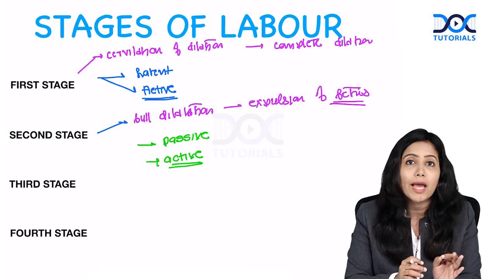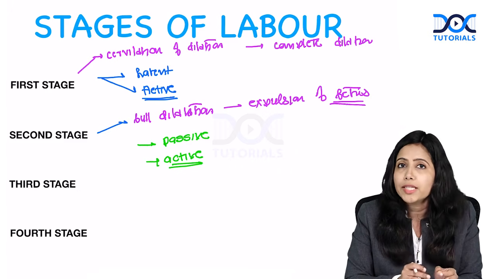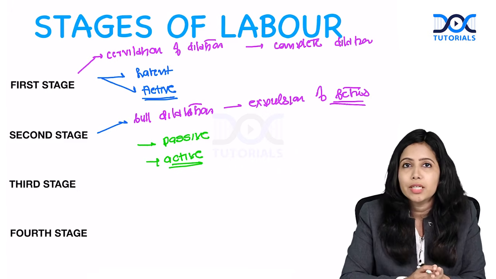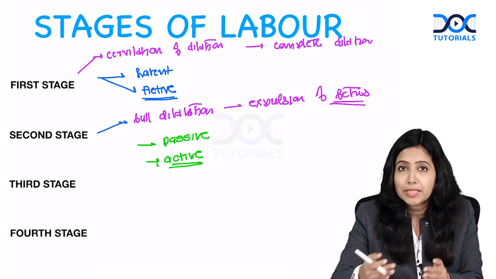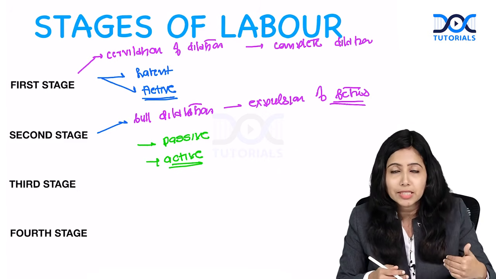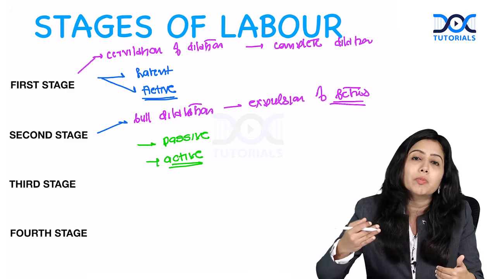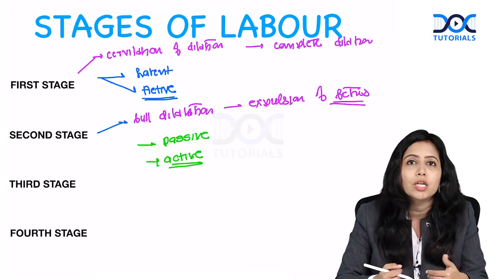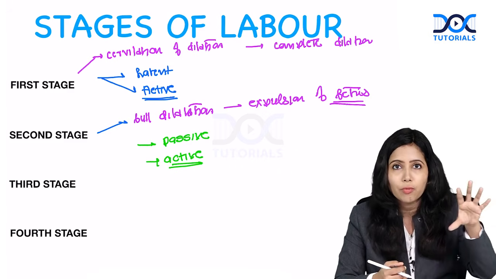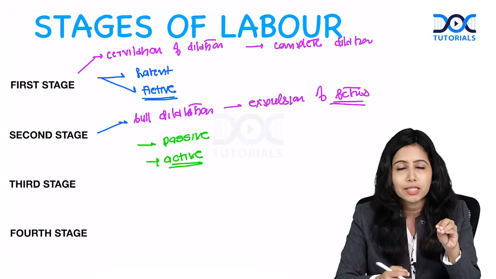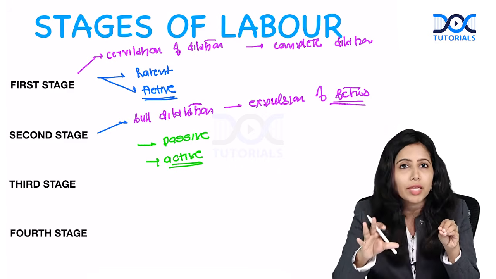Now we have the third stage of labor. The third stage of labor is basically after the expulsion of fetus till the expulsion of placenta happens. First the cervix has become fully dilated. In the next stage, the fetus got expelled.